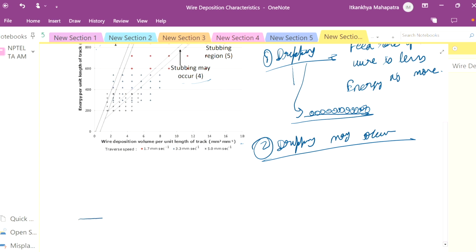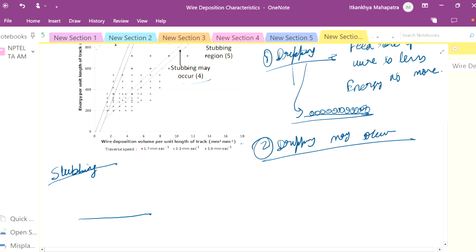Now I'm discussing the stubbing case. In the stubbing case, what will happen? The wire will buckle when it touches. Why?